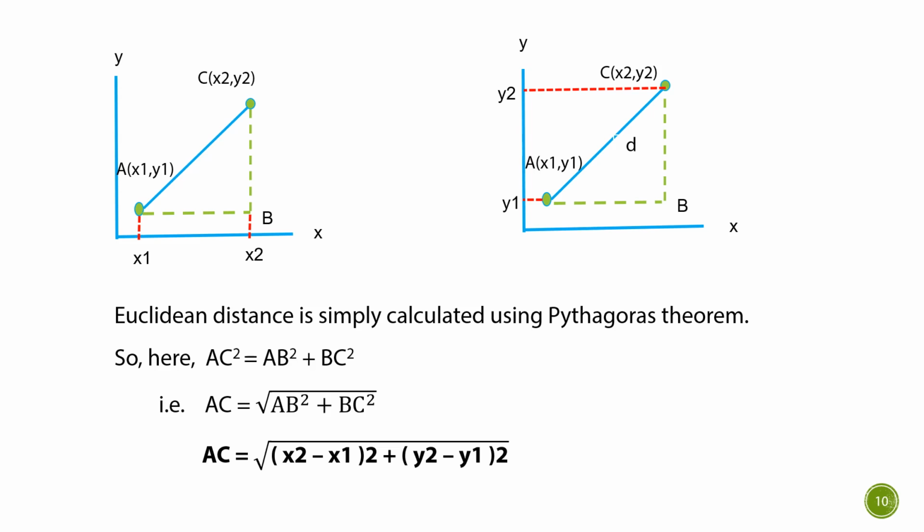So, our formula will become AC equals the square root of (x2 minus x1) whole squared plus (y2 minus y1) whole squared. AC is nothing but the distance d between the points A and C. In this way, we can find the Euclidean distance between 2 points.